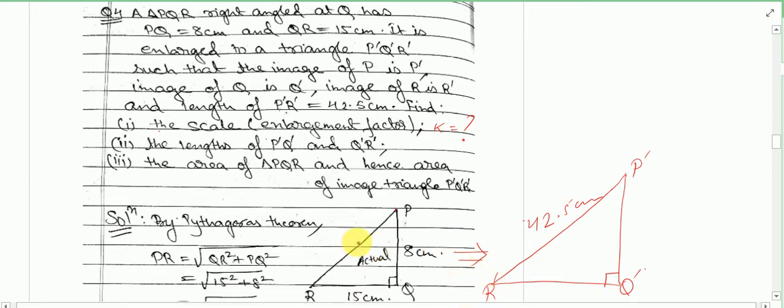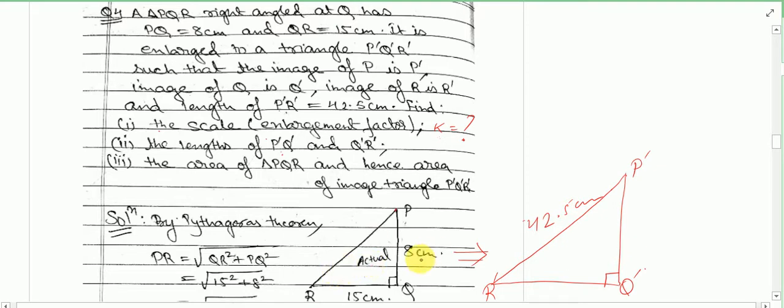First thing we have to find is the scale factor, because once we have found the scale factor, we can easily find the length of the image, P dash Q dash. In order to find the scale factor, firstly we will find PR using Pythagoras theorem.